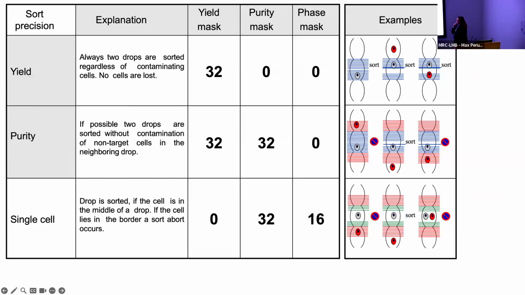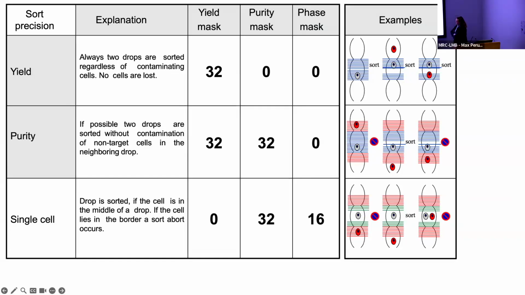If there is a non-target particle that falls in any of the area around the red, so close enough that it can drift into the target particle area, it will be aborted. So this is where sample preparation is also really key. If you want high purity, you also want to make sure that your sample preparation is adequate so that it prevents the cells from sticking together.